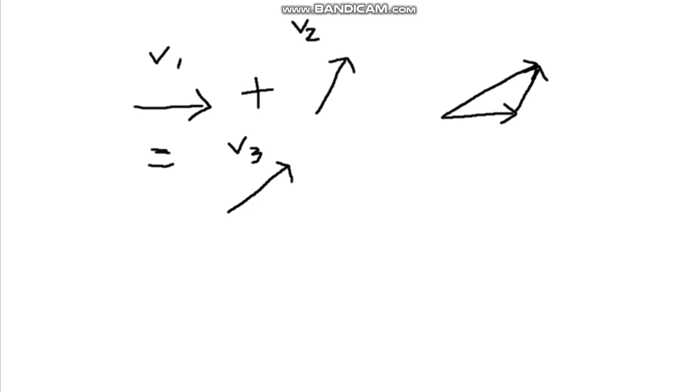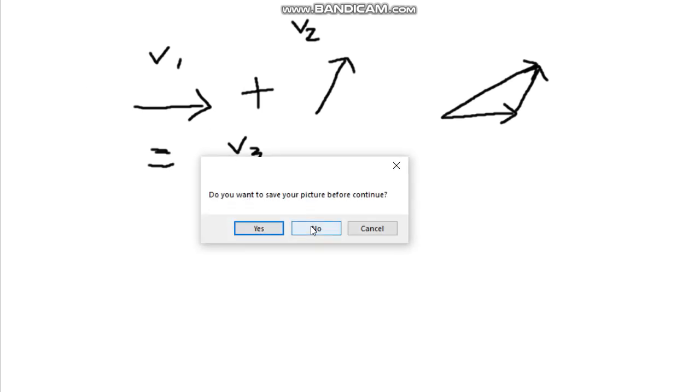Now let's see how you subtract a vector. For example, this is the direction of a vector, then the negative of this vector will be this particular vector.